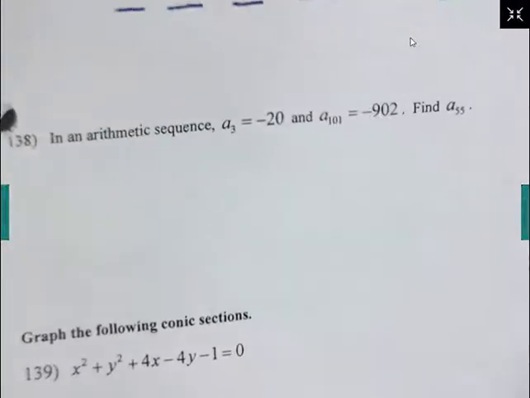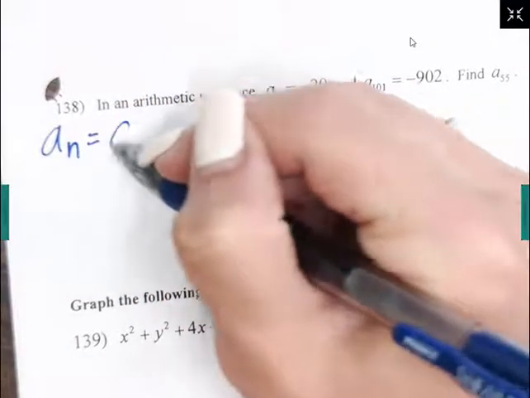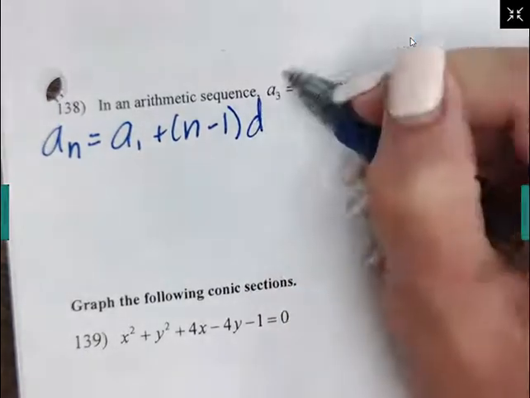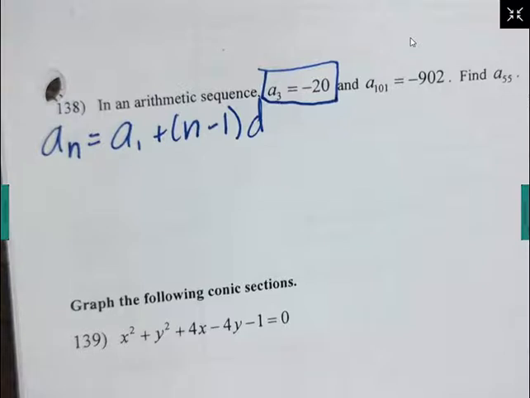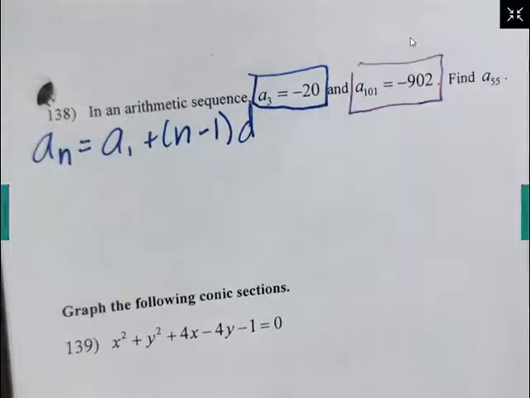In arithmetic sequence, what we're going to do here is set up a system using the formula a sub n is equal to a sub 1 plus n minus 1 times d. We're going to set this up with this term, and then we're going to set it up again with this one. We have to do a lot of work on this problem.